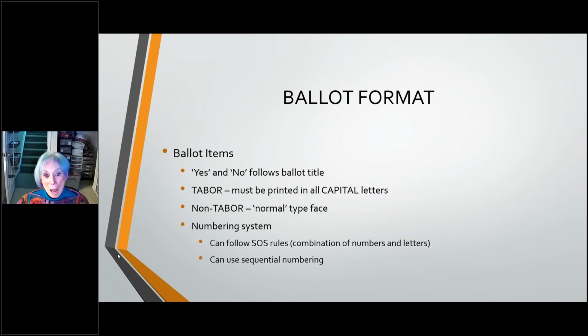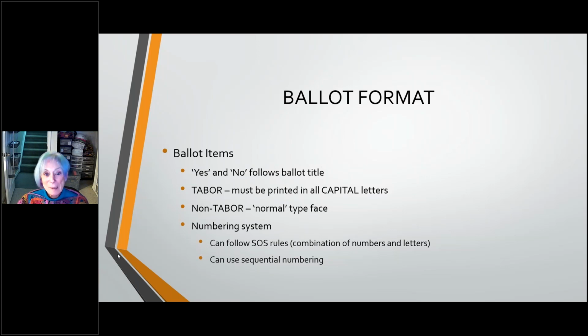But if it's a non-Tabor item, or what we call a ballot question, you just use your normal typeface. The first word of the sentence starts with a capital, and the rest are just in lowercase. So that's just how those go.